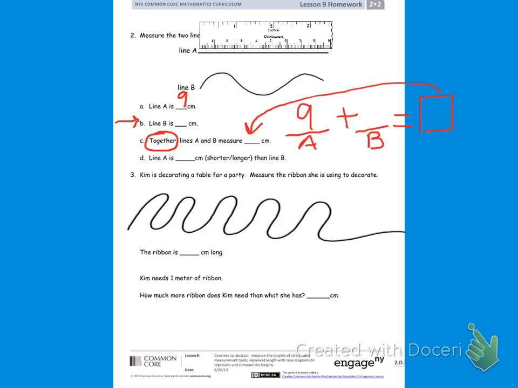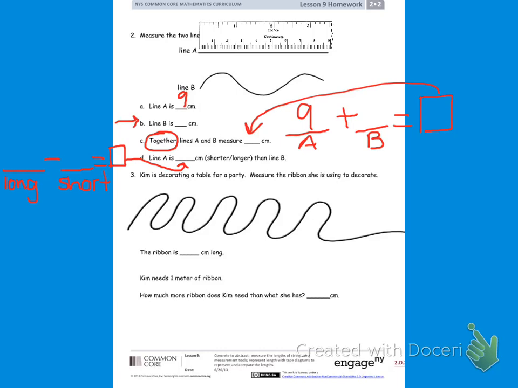Then what you'll do is figure out the answer by writing a line here. The number of centimeters for the longer line will go here. The shorter line will go here. Because you're comparing the length of two lines, you're finding the difference, and the difference is the answer to a subtraction problem. Whatever the answer to this problem is, will go on line D.